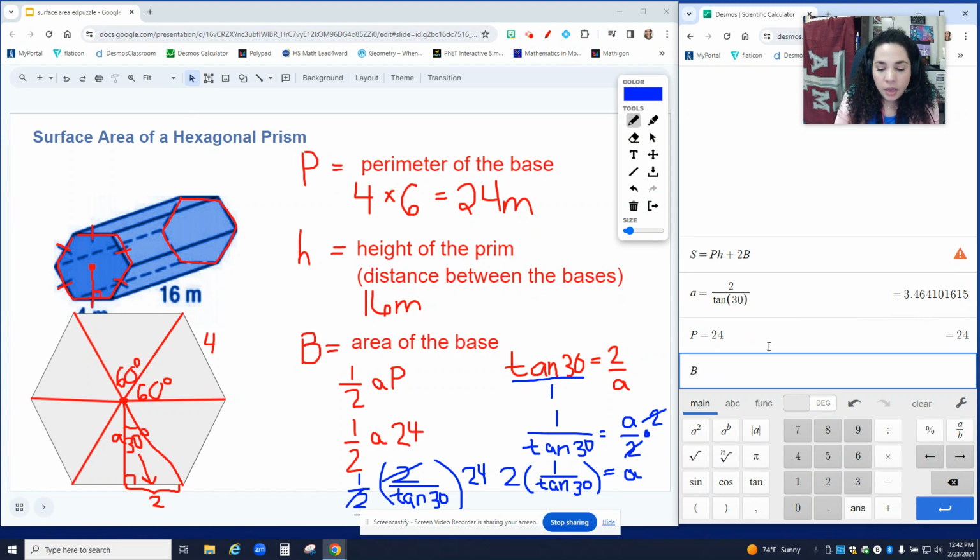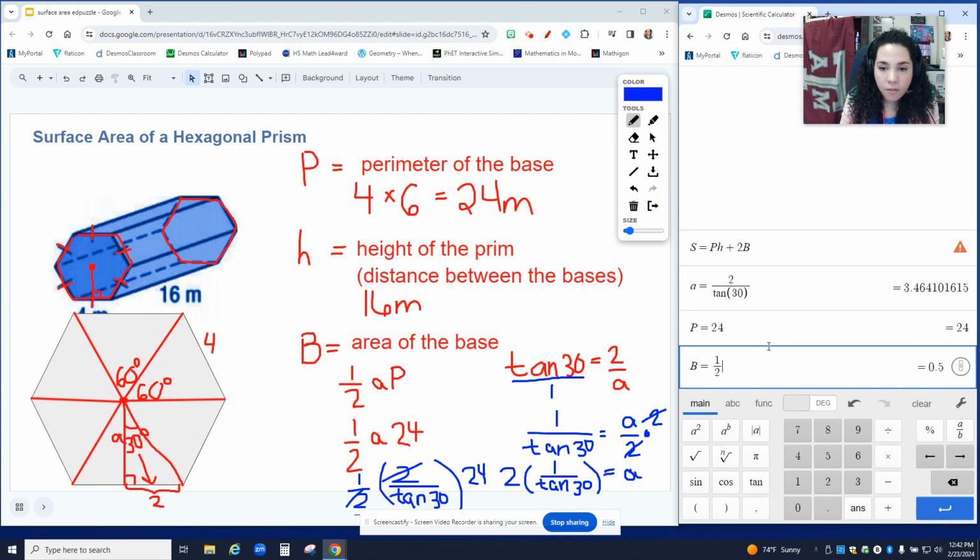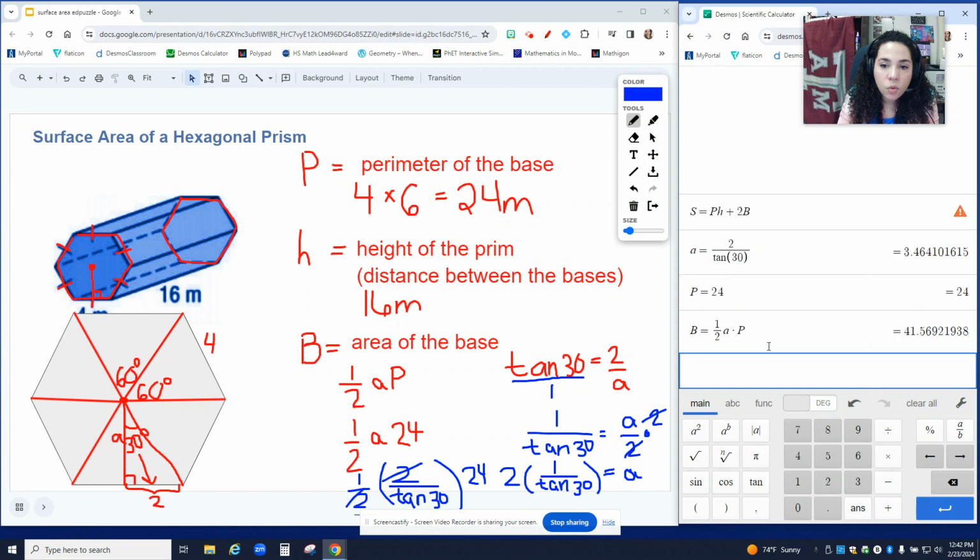So capital B is 1/2 of the apothem times the perimeter. And we just need H. So our H is the distance between the 2 hexagons, which is 16 meters. So now it's filling in all of the variables that I'm assigning. We have capital P, perimeter of the base, capital B, area of the base, H, the distance between the 2 hexagons.